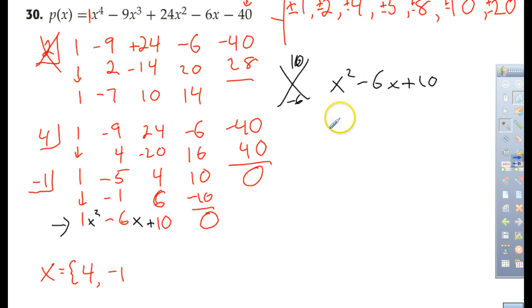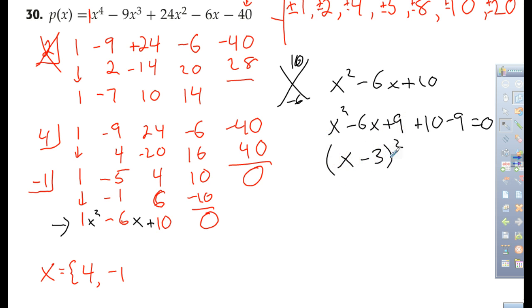Alright, so once we finish this, we'll have x squared minus 6x plus 9, okay, plus 10 minus 9 equals 0. (x minus 3) squared plus 1.